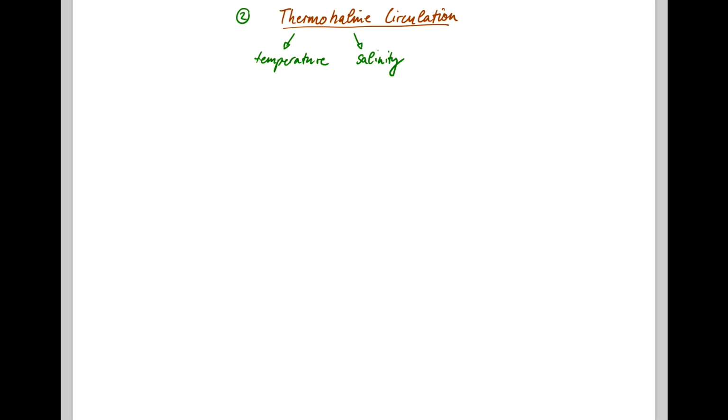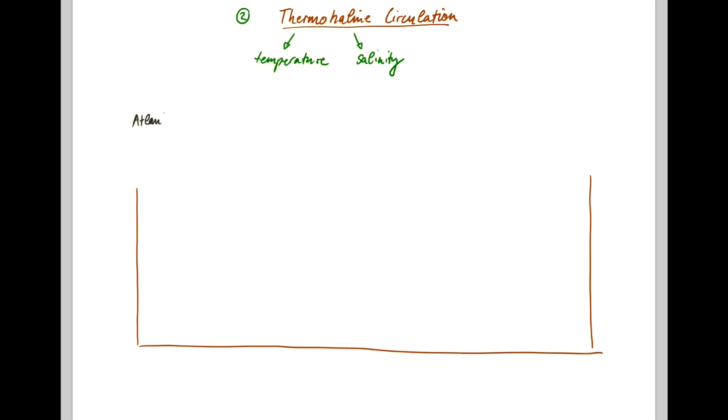So first of all, we'll look at a meridional profile of the Atlantic Ocean. And so here in the south you have Antarctica. Here in the north, so this is south, in the north you have the Arctic.